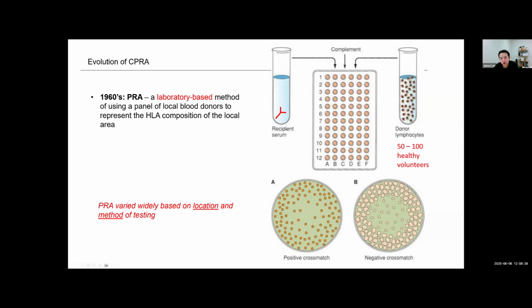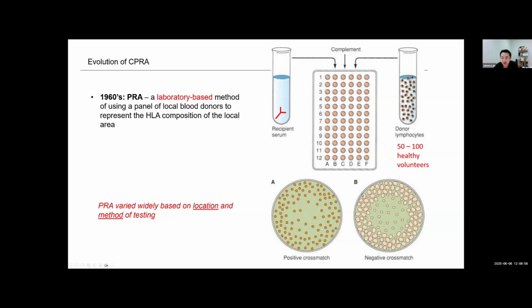As a clinician, when we're trying to assess how many of the donors in the donor pool a patient can be matched to, we take their blood and react it against a panel of healthy volunteers. If many of them trigger a positive reaction, that would indicate that their antibodies are directed against the donor, and therefore they are not well matched because of these antibodies.